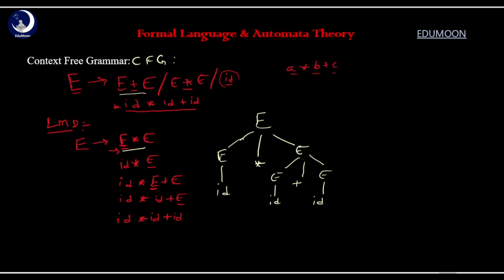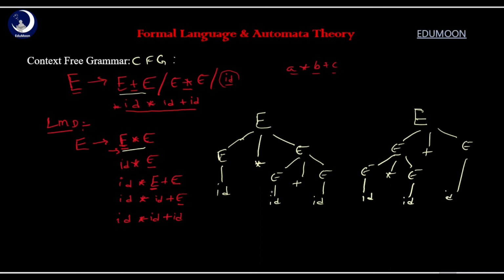Similarly, you can also generate another parse tree for the same LMD. I can directly write the parse tree here. For example, if we take initial E as E plus E, I take the leftmost one again and generate this one as E star E, and finally this leftmost one as ID, the next leftmost one as ID, and finally this one as ID.